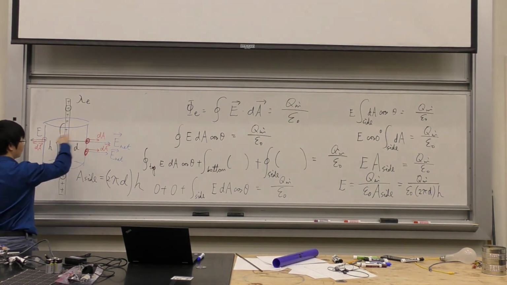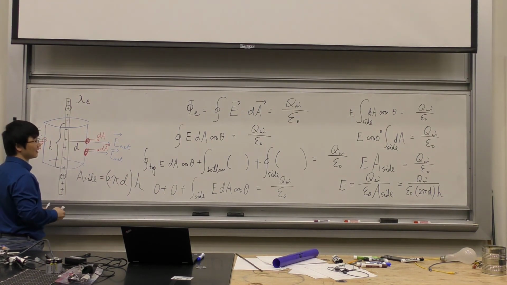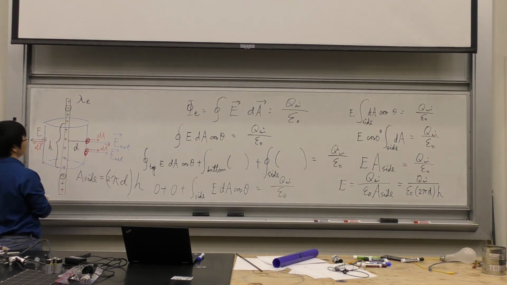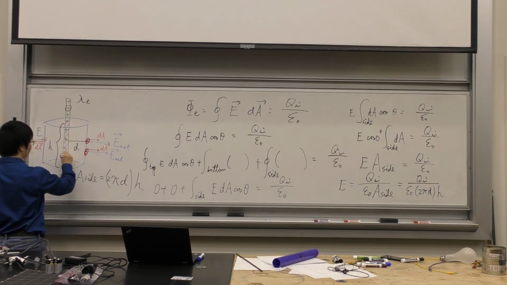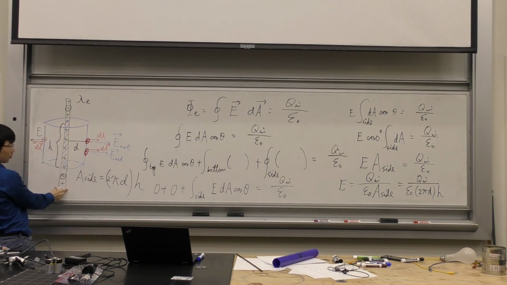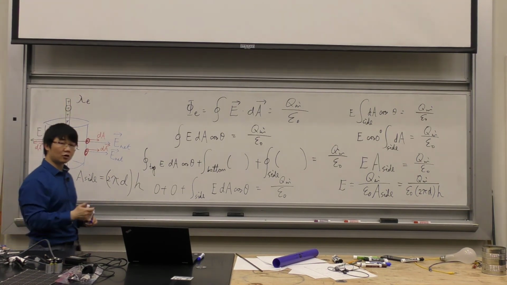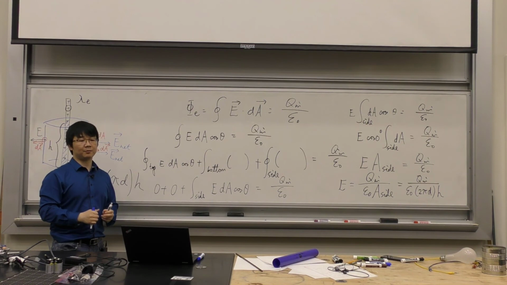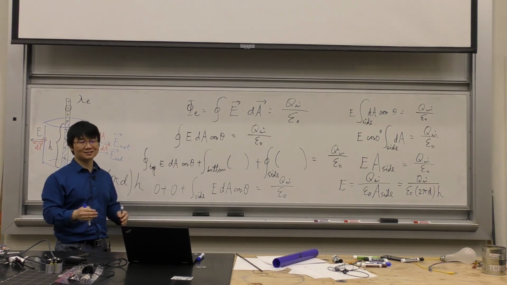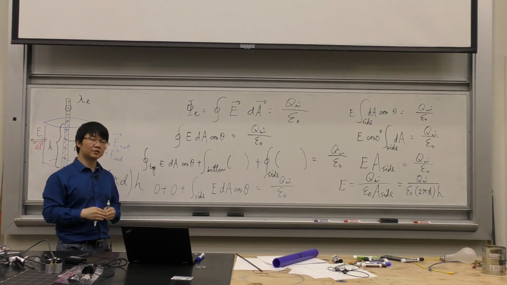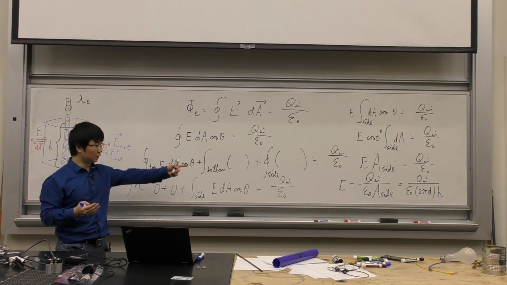This is a Gaussian surface. So I want the charge inside the Gaussian surface. What is the charge inside the Gaussian surface? Only this portion of the rod is inside the Gaussian surface, right? This portion outside. This portion outside. So it's not a single charge inside the Gaussian surface, but by the definition, any charge inside the Gaussian surface is going to be this Q in I need in that equation.